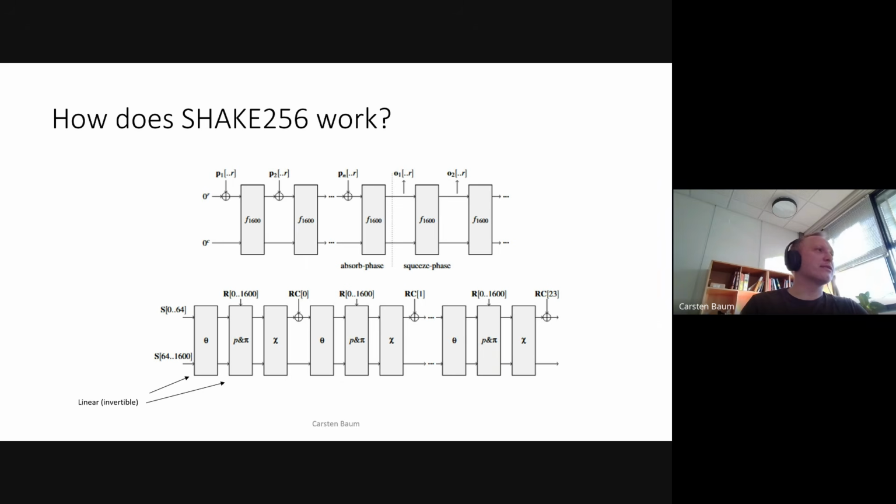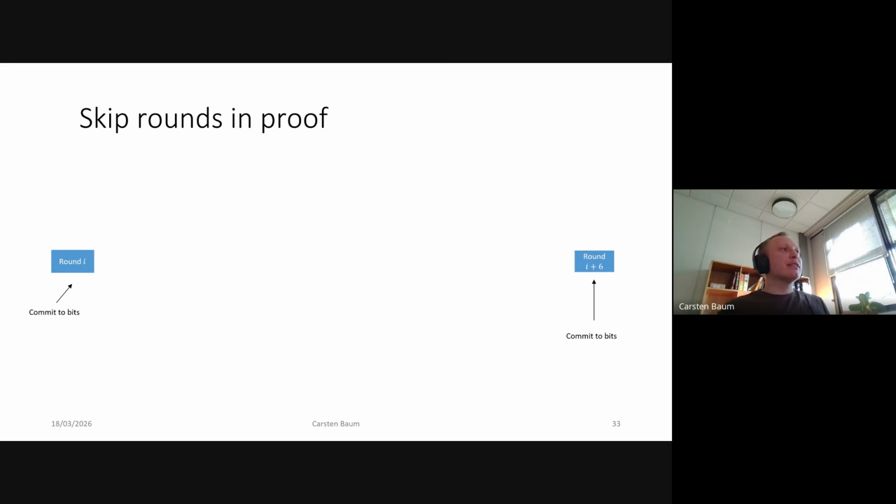This consists of 24 individual rounds, where some part of it is linear and invertible. So this is easy to compute if you have commitments to each of the individual bits. And then you have a degree 2 function. Since it's a permutation, you can also compute it backwards, and backwards it's degree 3 for each of these 24 rounds.